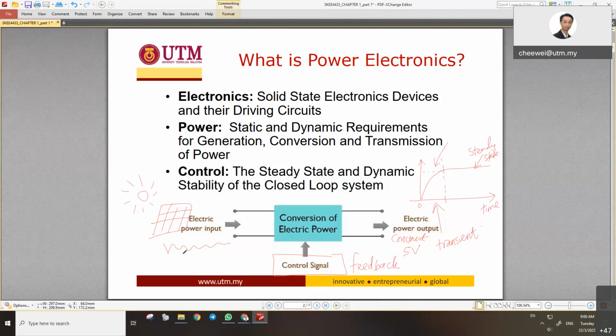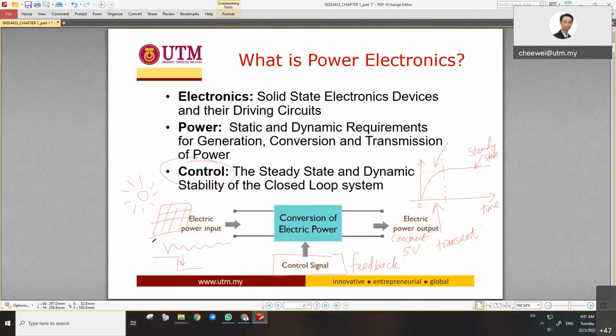So it will be getting down, isn't it? The input to the conversion will be low. So the control signal will be doing the work to make sure that the output is always 5 volt, regardless of what happened on the input side. So that is known as control.